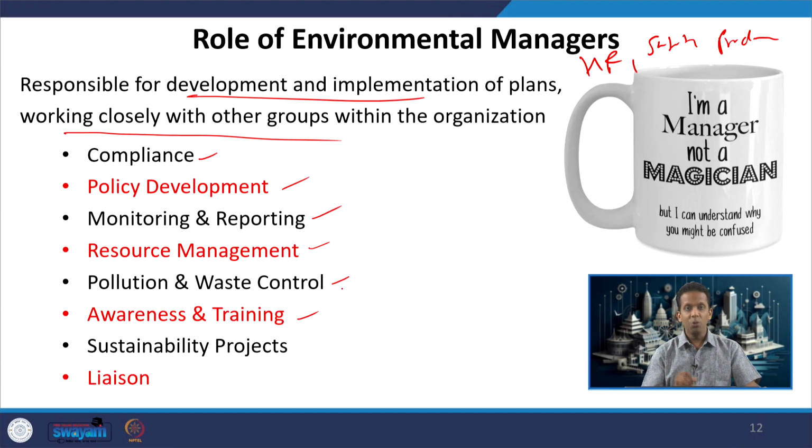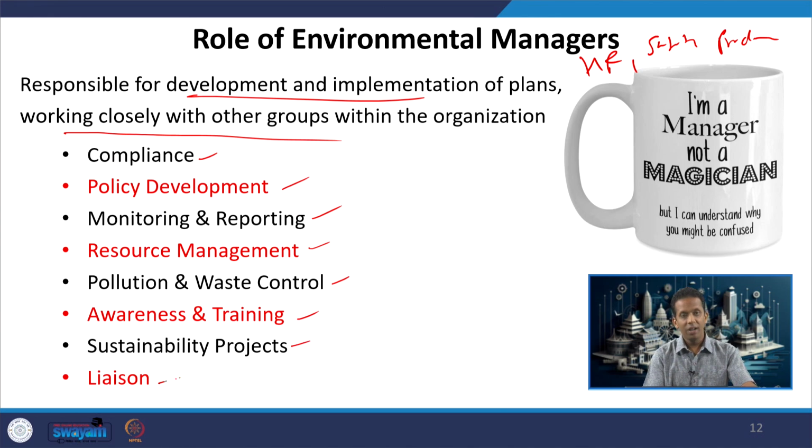Pollution and waste control, awareness and training. This is important, to be able to work with team members of other departments, the awareness and training is important, and the environmental manager can play a role in that also.